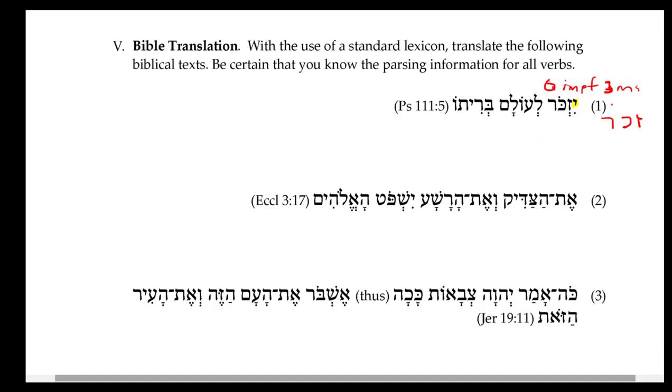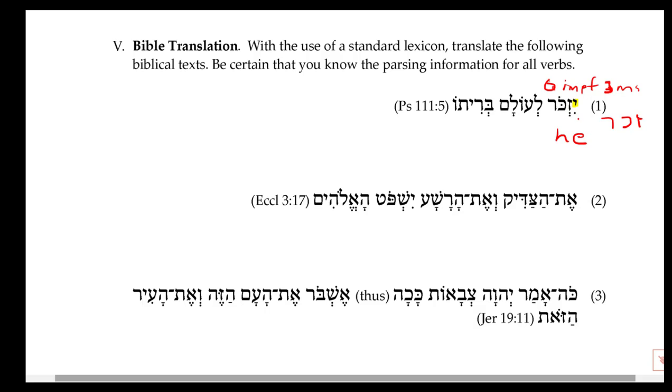So we're looking for a possible masculine singular subject, but berit is a feminine noun, so it's not even a candidate. So we would just say that what we have here is he will remember. So we're getting the subject he from the verb itself. So if there's no explicit subject, we find it from the verb.